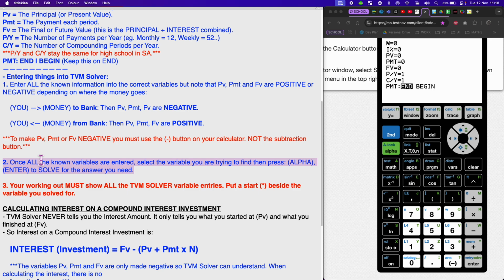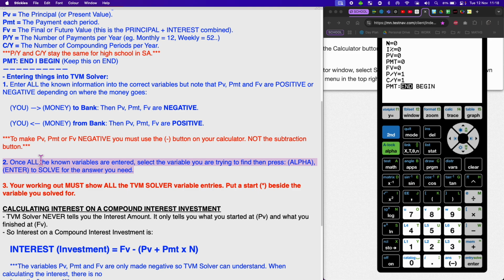And also, the working out that you show for these questions, if you're using TVM Solver, you write out N equals. You tell me what you put into the calculator. And then you put an arrow next to the variable that you solved for. Please don't make the mistake. I had one of the Ignites take this test before.